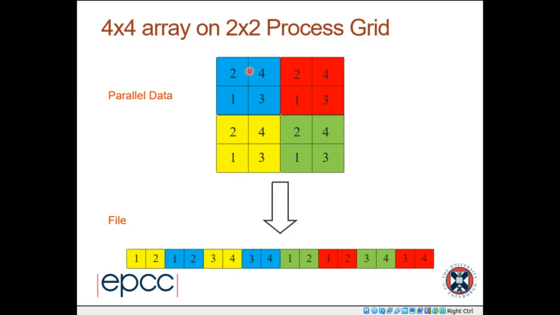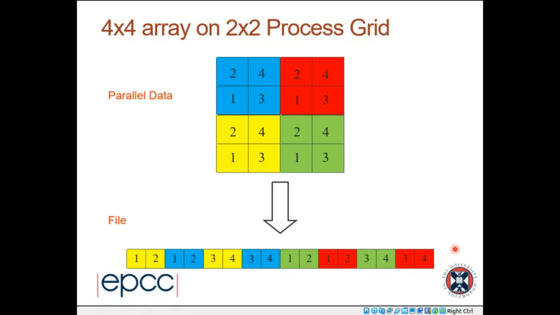But no matter which way you assume the data, if you want to write this data out, which is distributed across multiple processes, in the same way as if you wrote it from a single controller process, you can see that you've got the data from the yellow process, the blue process, the yellow process, the blue process, then the green process, the red, the green, red. And the problem here is twofold. The mapping from your program data to the file is quite complicated, and this is an almost trivial example, a 4x4 array on 4 processes. Imagine a real example.